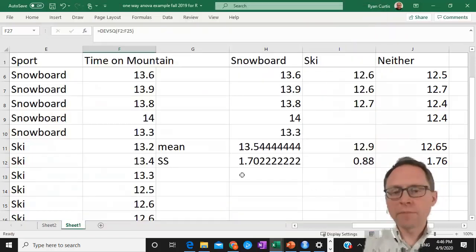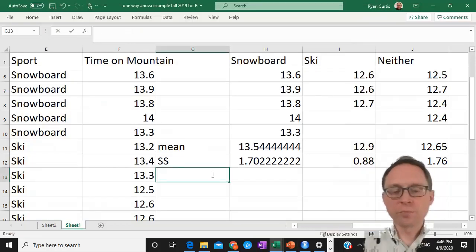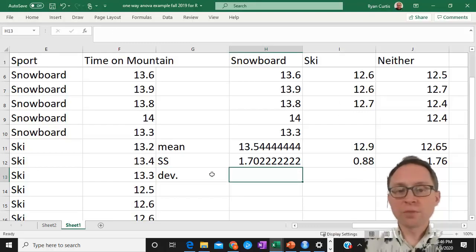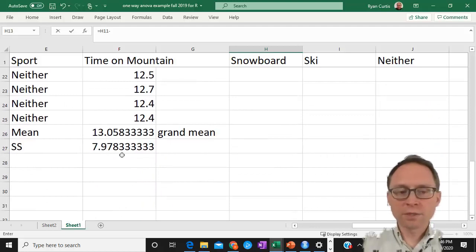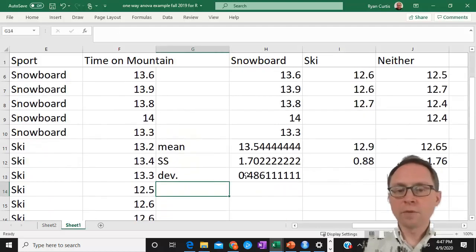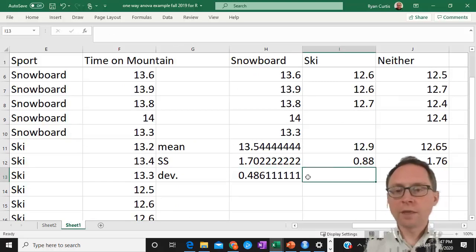All right, well, all that means is we need to get the deviation for each of the groups. So the deviation is the same kind of deviation that we've always done, right? So it's going to be x bar minus what? Minus the grand mean, okay? And we just do that for each one of the different groups, okay? So let's go ahead and do that then for this one.